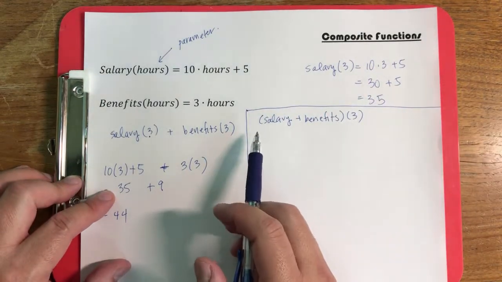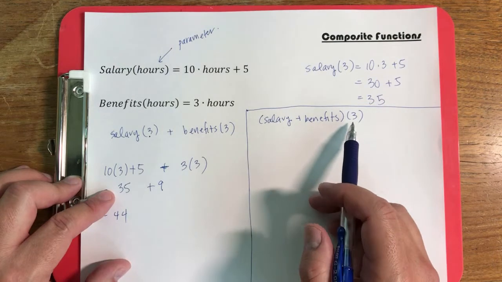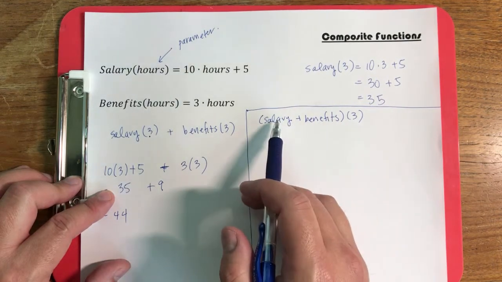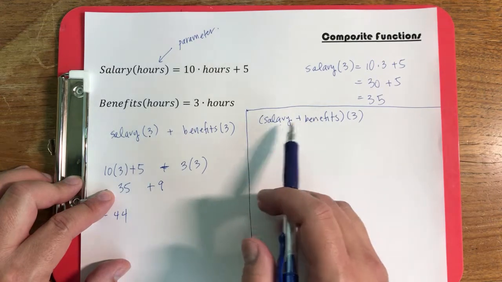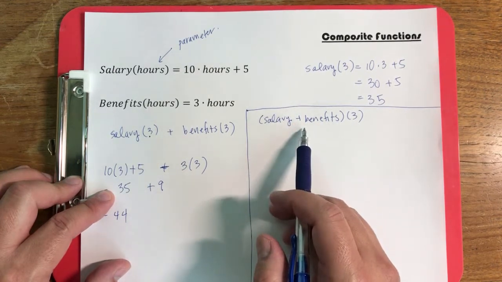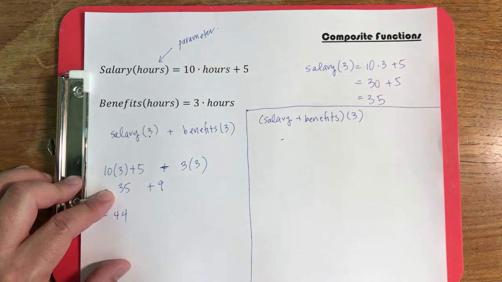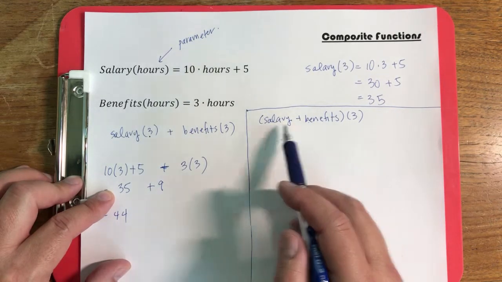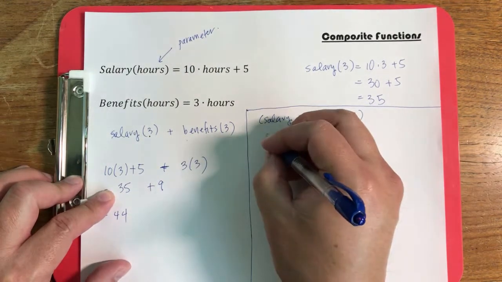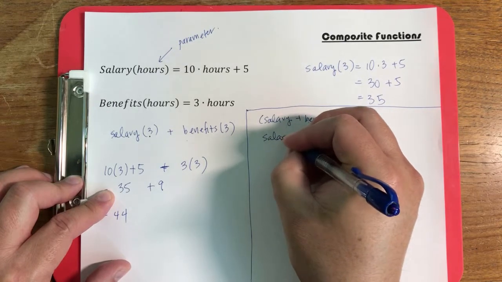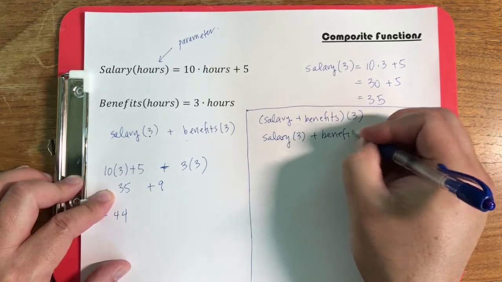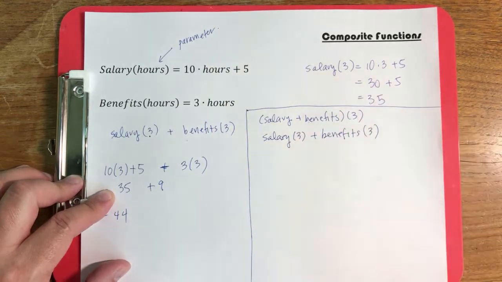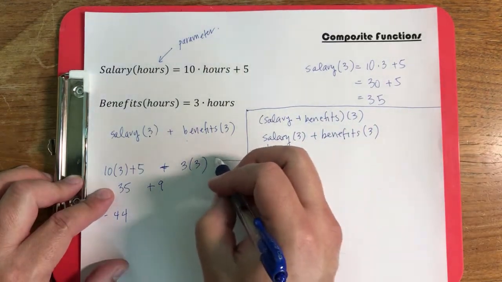Now what I want to do with this notation is plug in 3 separately into salary and benefits. And then once I figure out what the value of those functions is, I then want to add the results together. So basically this then turns into that. And then we will go on and finish the problem like that.